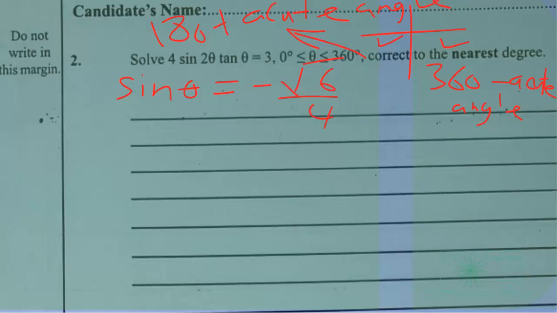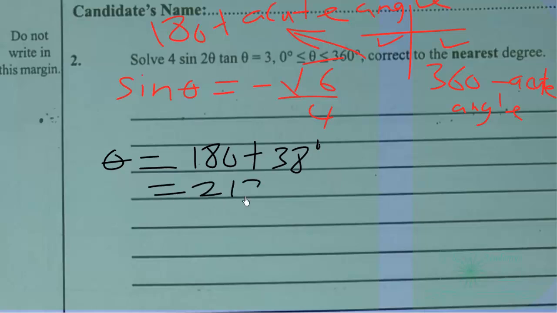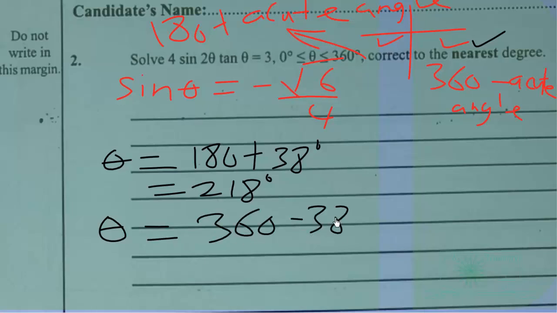So theta will be equal to, in the third quadrant, 180 plus 38 degrees, which will give us 218 degrees. Then in the fourth quadrant, theta will be equal to 360 minus the acute angle, 360 minus 38 degrees, and that will give us 322 degrees.